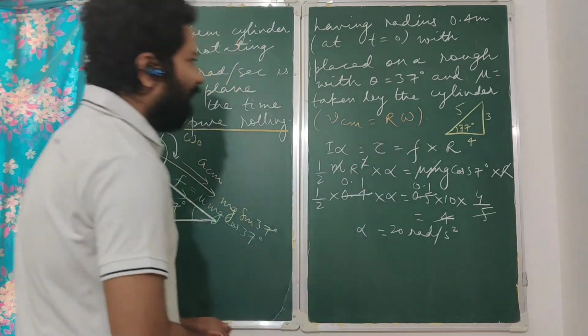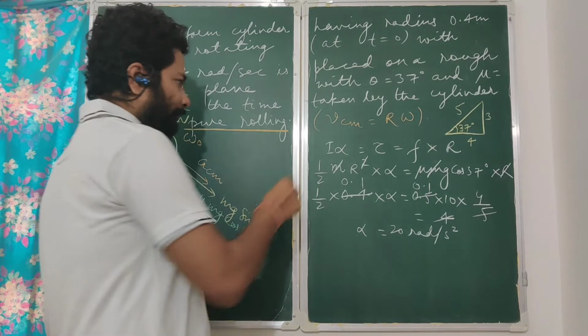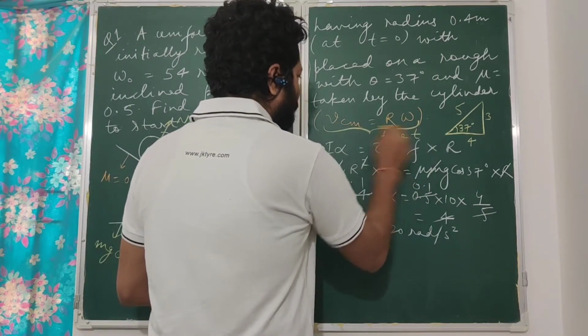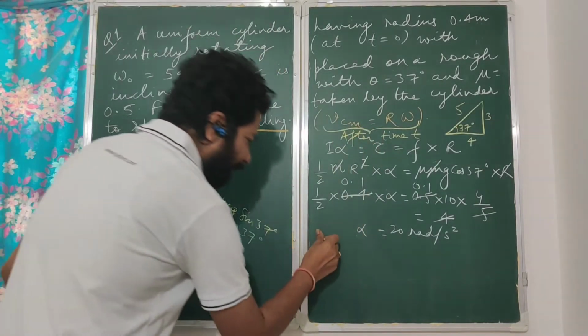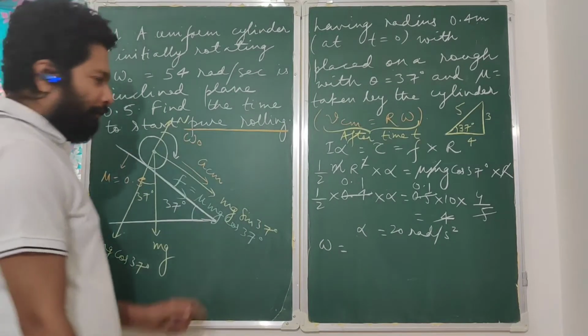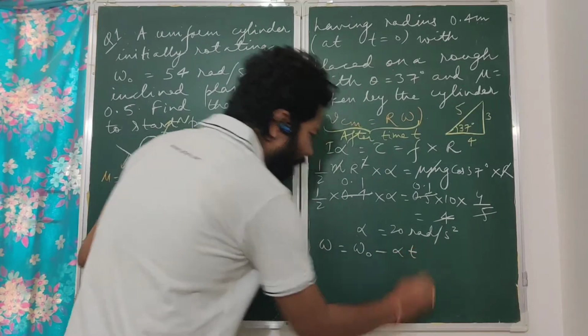Let us say that this condition is achieved after time t. So in time t, the velocity omega has reduced from omega naught. So omega equals omega naught minus alpha into t.